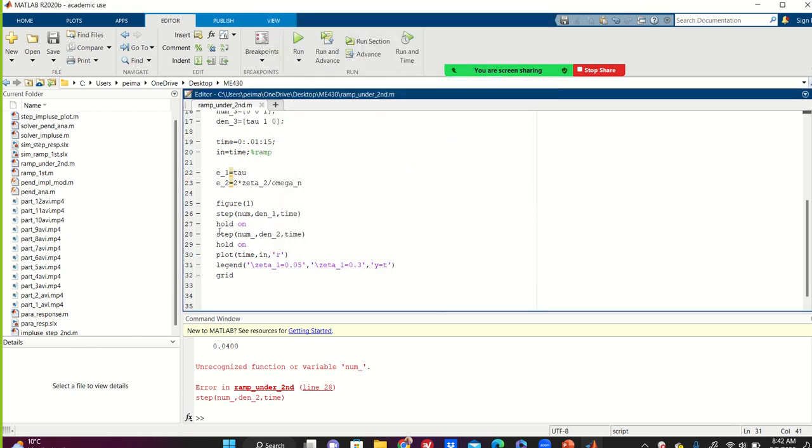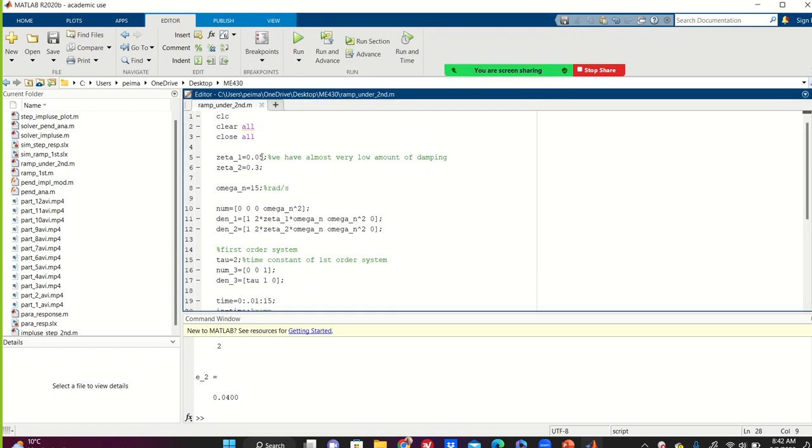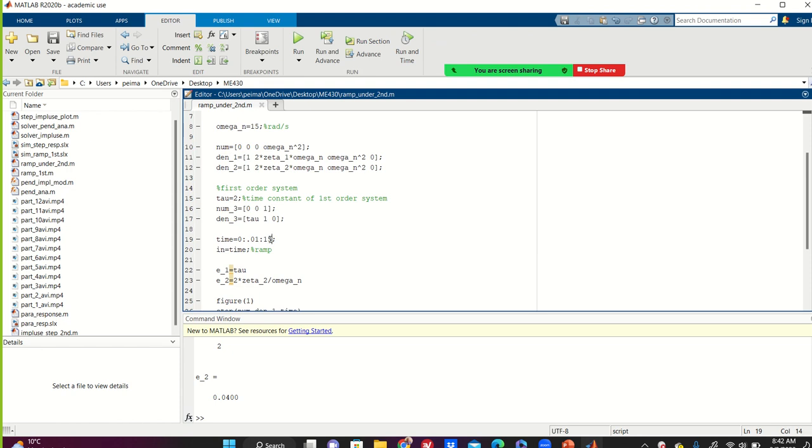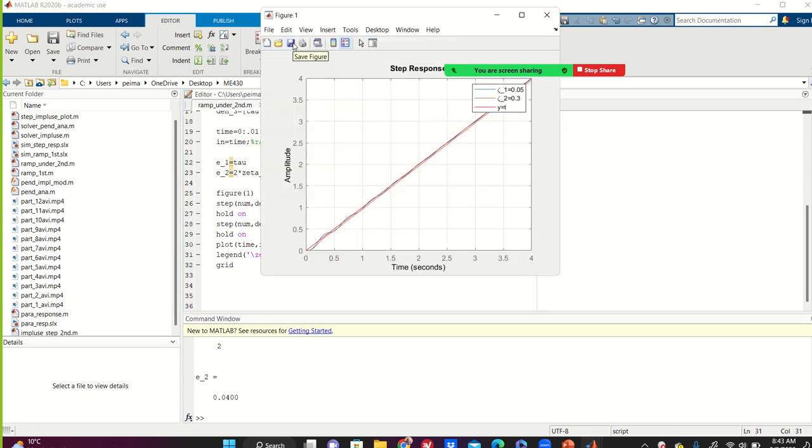Again, there's a typo. Here we go. See, zeta 1, we have to fix the zeta 2 and y is equal to T, but you have to magnify it. To magnify it, because I'm going to share with you, let me change this again to 4 seconds, and this is zeta 2. Okay. Here we go. Zeta 1, zeta 2, and y is equal to T.